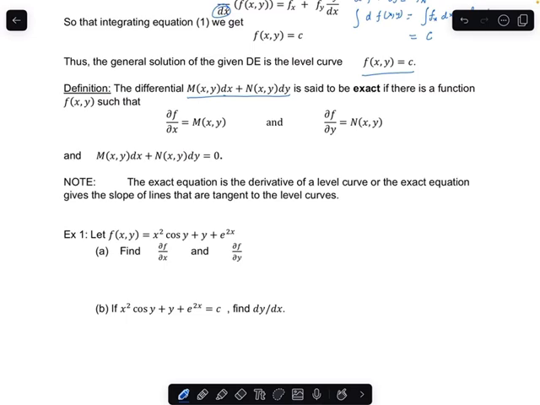So we say that this differential is said to be exact if there is a function f of x, y such that the partial derivative of f with respect to x is equal to M and the partial derivative of f with respect to y is equal to N. And then we can write something like that. The exact equation is the derivative of a level curve, or the exact equation gives the slope of lines that are tangent to the level curves.